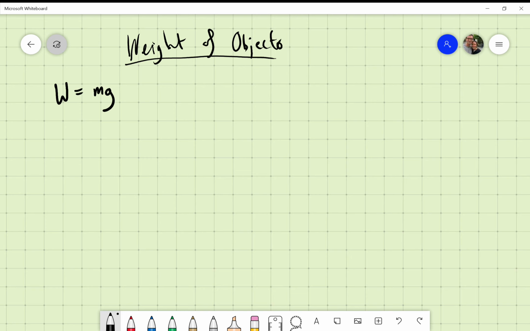We have W equals mg, and I love what I saw in the book, that over the W and over the G was a vector symbol, but not over the M. Okay, so this is an example of a physics formula where we have a vector quantity arising from a scalar times a vector.